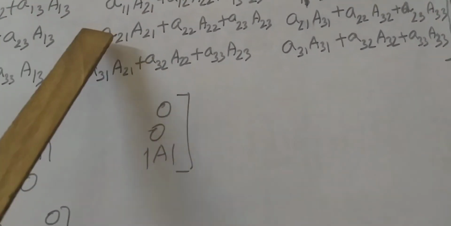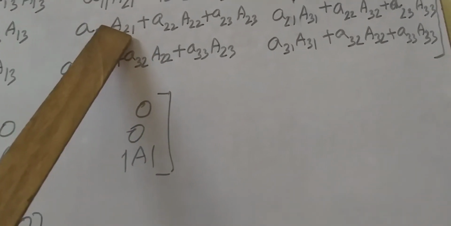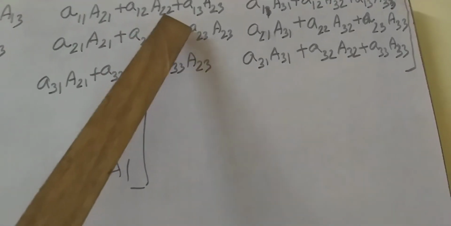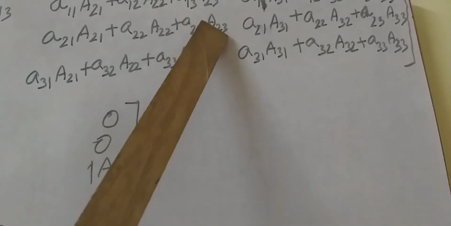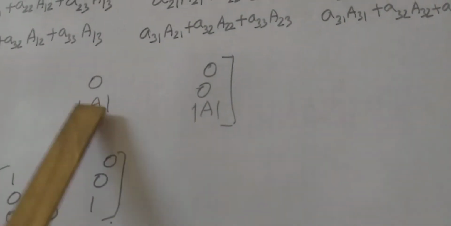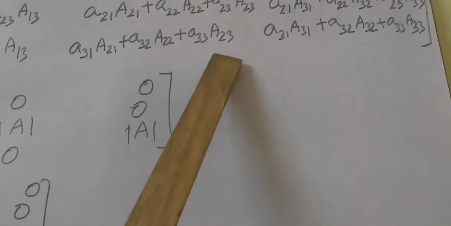But in this one, you can see A21 multiplied by its cofactor A21, A22 multiplied by its cofactor A22, A23 multiplied by its cofactor. So this gives us the determinant. Here it is another row's cofactor, so the answer is 0.